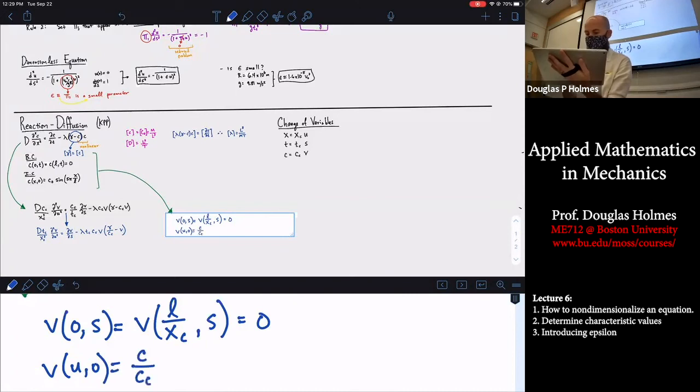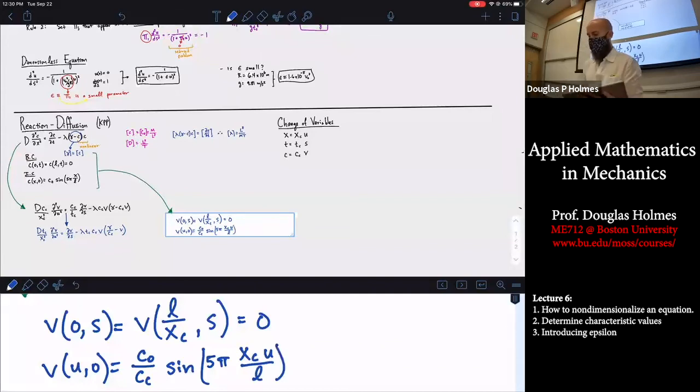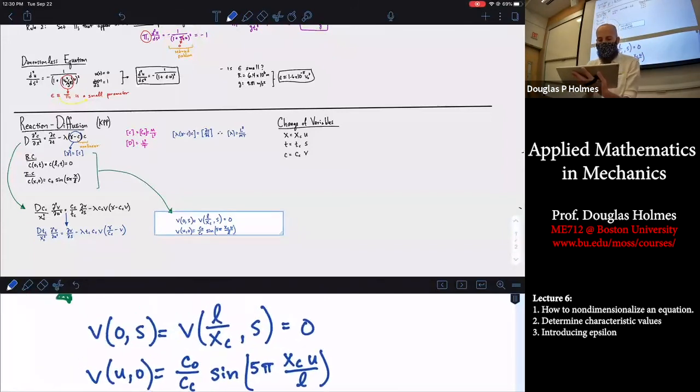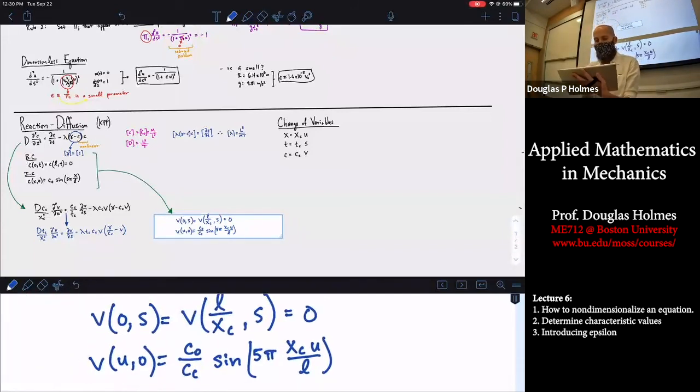I'm dividing through by my characteristic value, so it's C by C naught, sorry, C by C naught by the characteristic concentration times the sine of 5 pi times XC U over L. So again, to get our initial boundary conditions, we essentially divide through our characteristic scales, 3 of them. All right, so that gives us 5 pi groups.